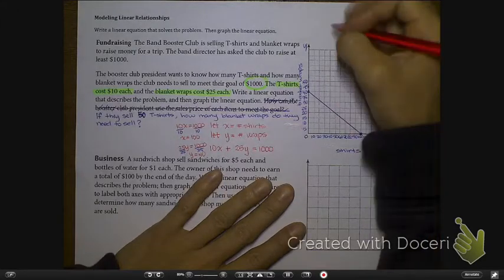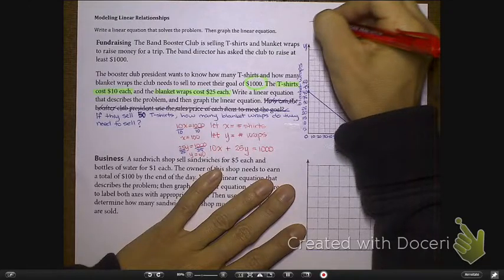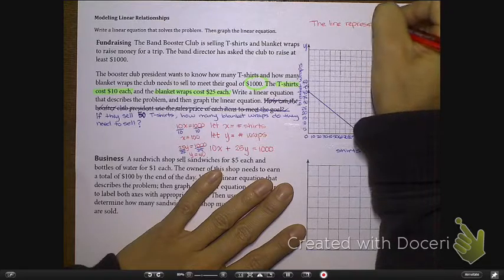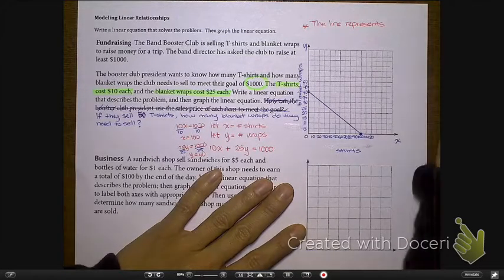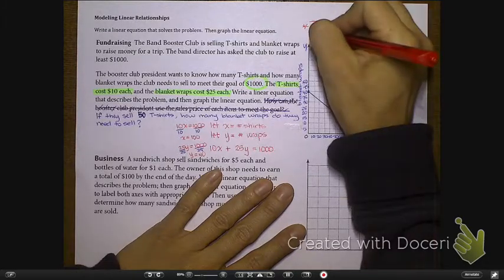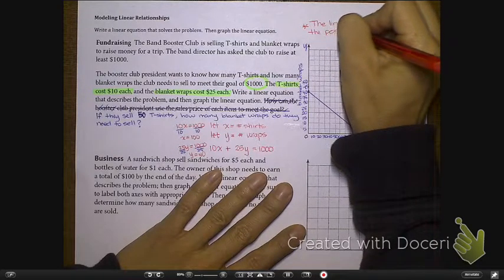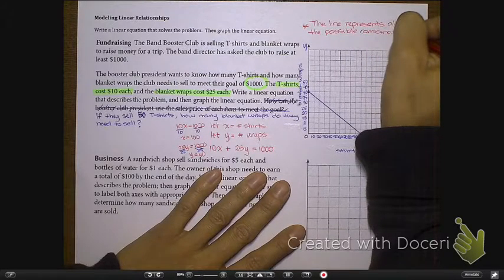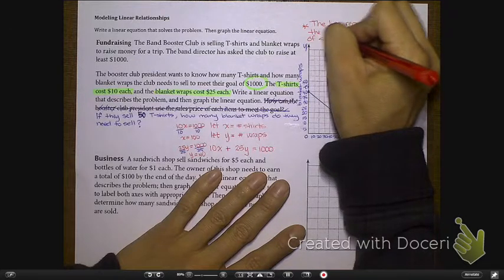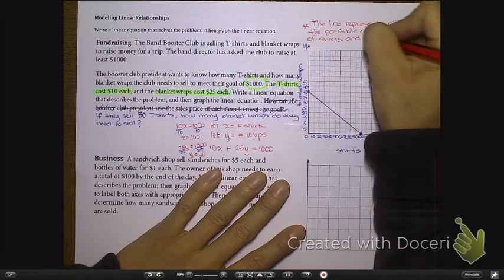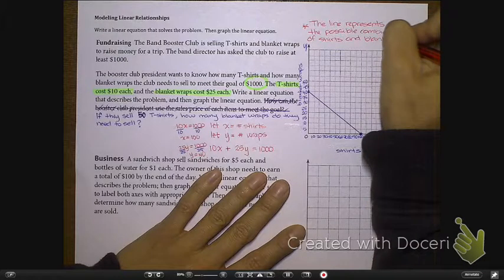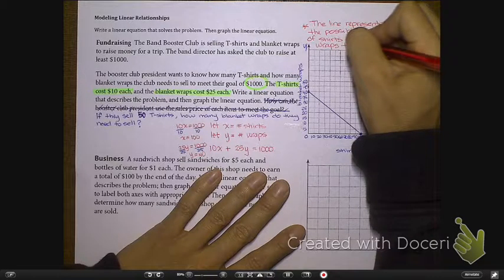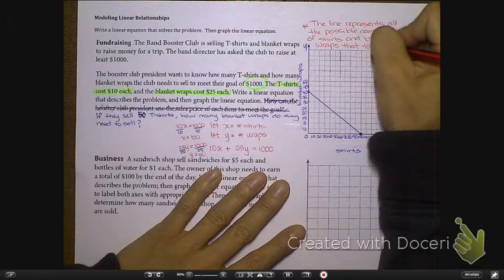Okay, now the line on the graph represents all the possible combinations of shirts and blanket wraps that make $1,000, or that total $1,000.